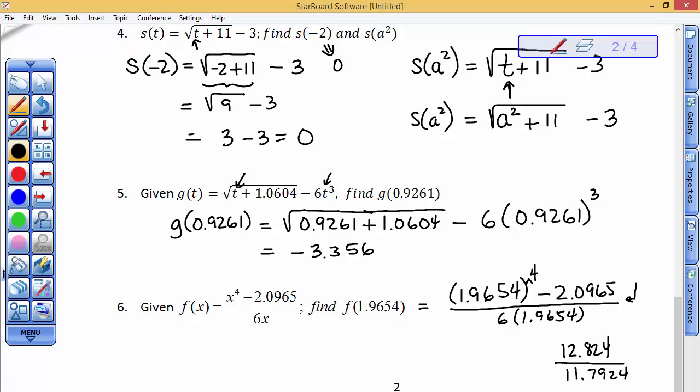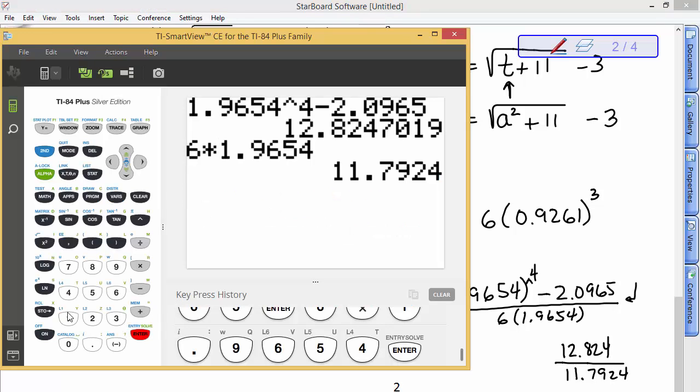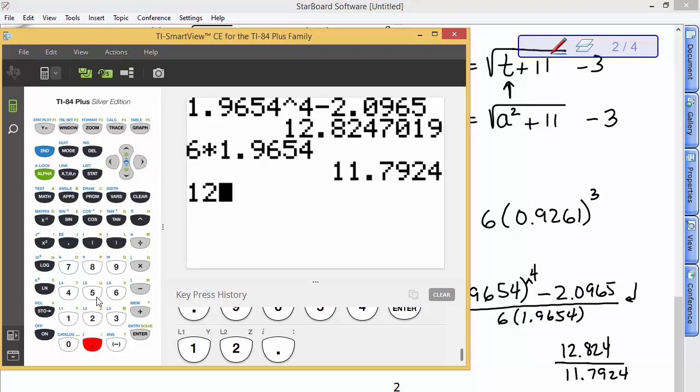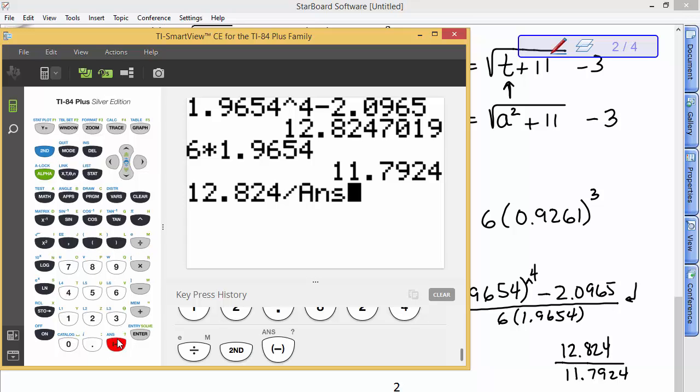So see the answer, ANS key here above this negative sign in blue. I'm going to go second and tell it to use the previous answer, which was the 11.7924. So I'm taking the 12.824, dividing it by 11.7, and I know that should be about 1, because 12 divided by 11 is a little bit bigger than 1, and I get an answer. I'm going to go ahead and write it here as 1.0875.